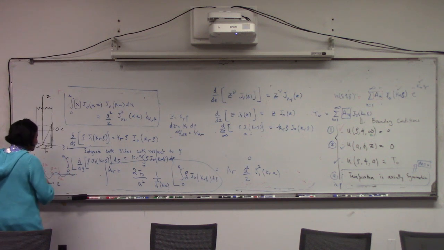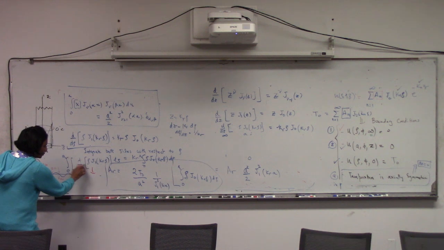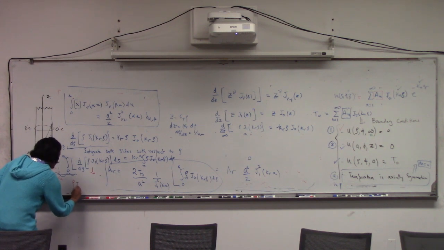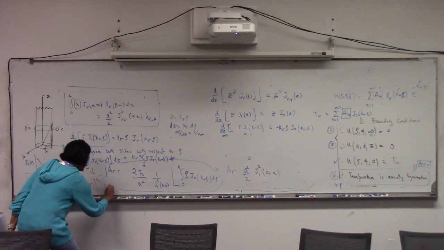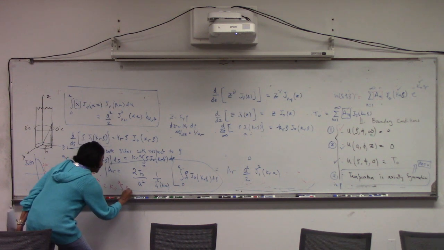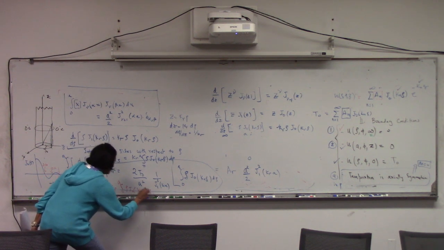But let me first look at this expression. This is very simple, because it's a total differential, it is simply rho J1 kr rho evaluated between 0 and a, right? This is nothing but equal to kr times the integral from 0 to a of rho J0 kr rho d rho.